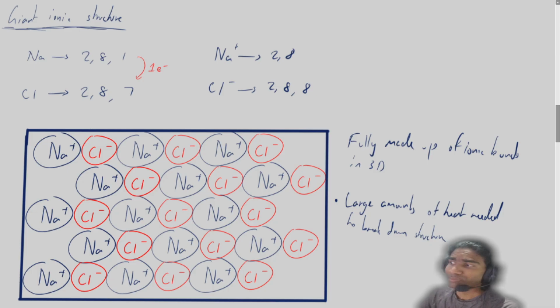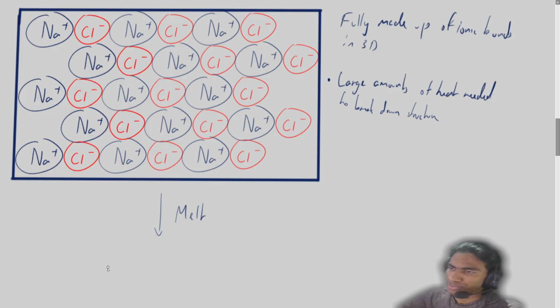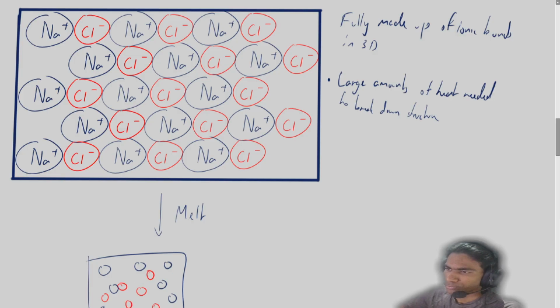Apart from that, if you do melt this, then in this little box, the particles will end up looking more like this. So they're scattered around. I know I've drawn a lot of red in the center for some reason, but it should really just be evenly distributed.